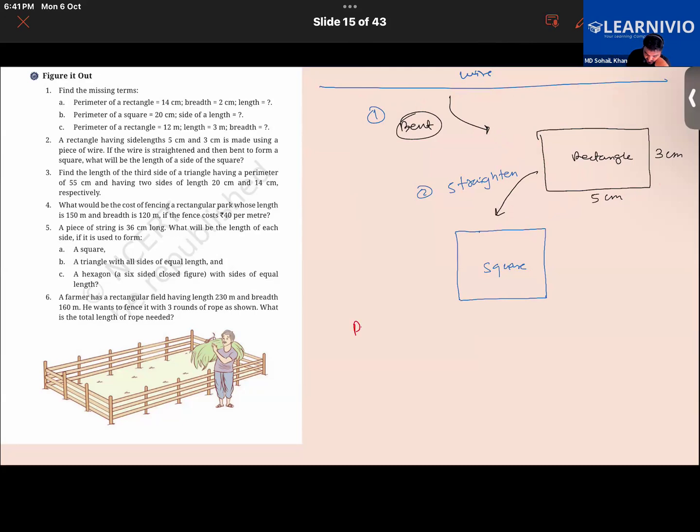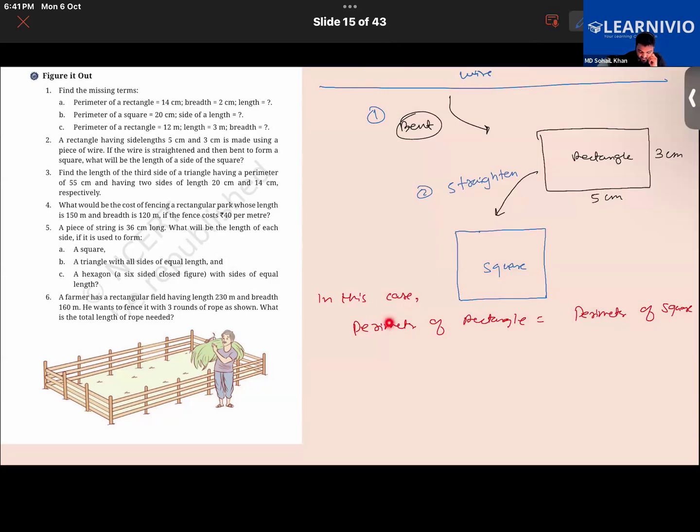Can we say here that in this case, perimeter of rectangle will be same as perimeter of a square or not? Tell me.